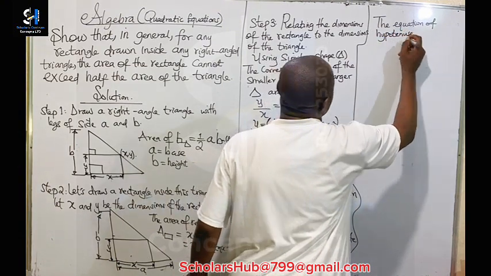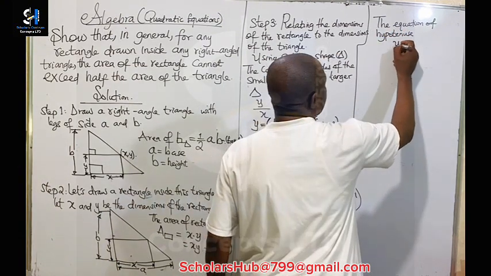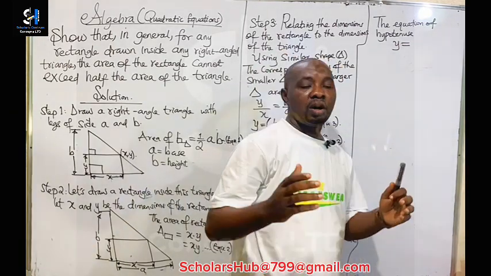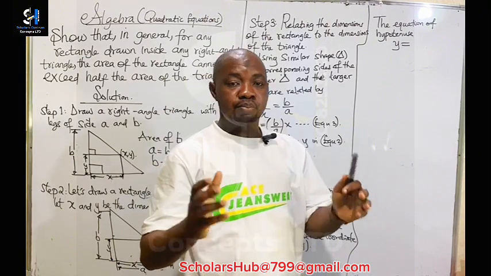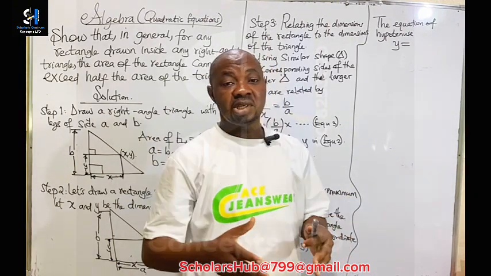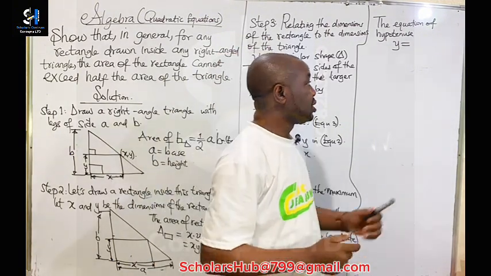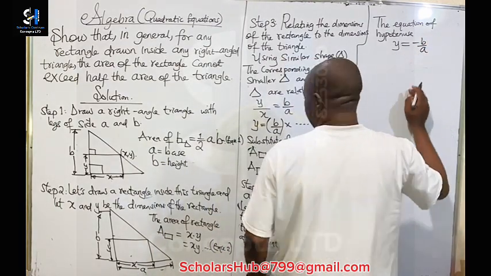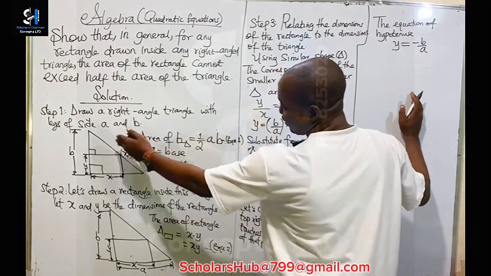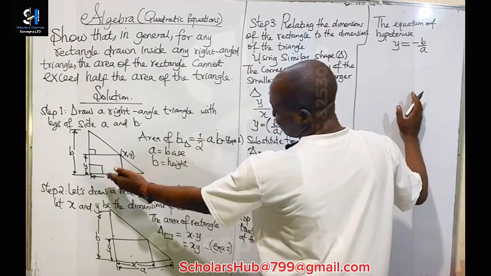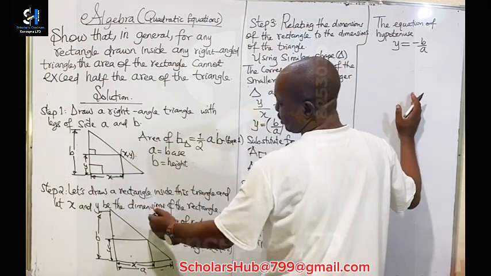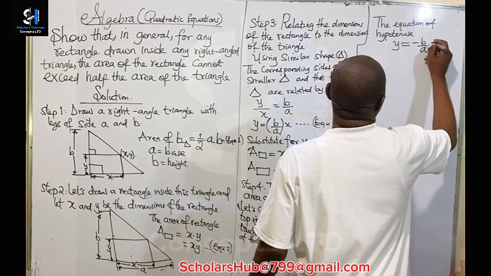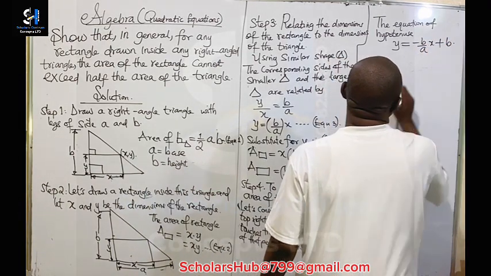of the hypotenuse will now be y equals, we know that when it comes to the slope intercept form, we have y equals negative b over a, because when we look at the slope of this line, let's say this is the x-axis, this is the y-axis, so the slope will be negative b over a, x plus b.